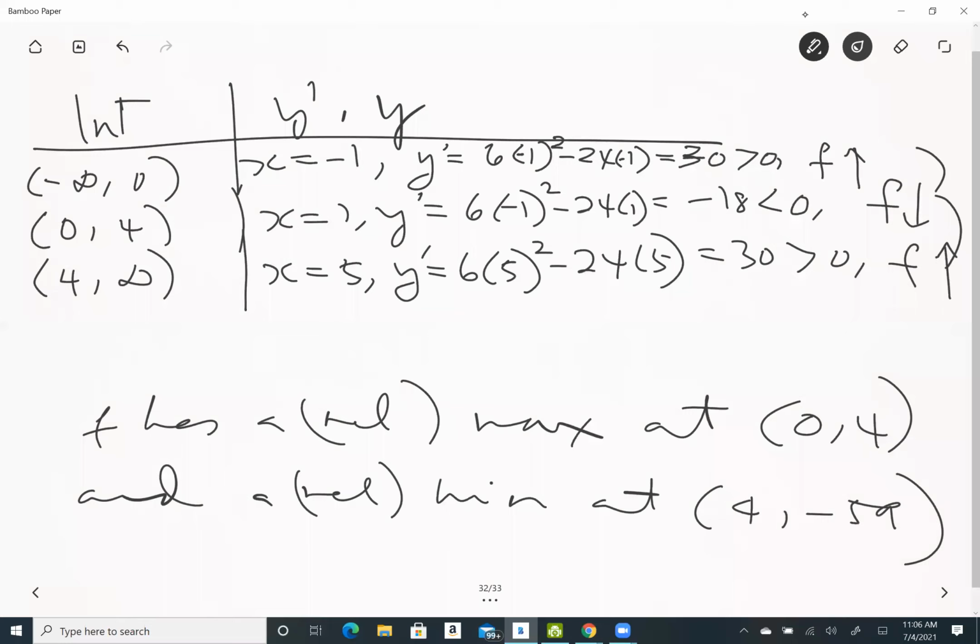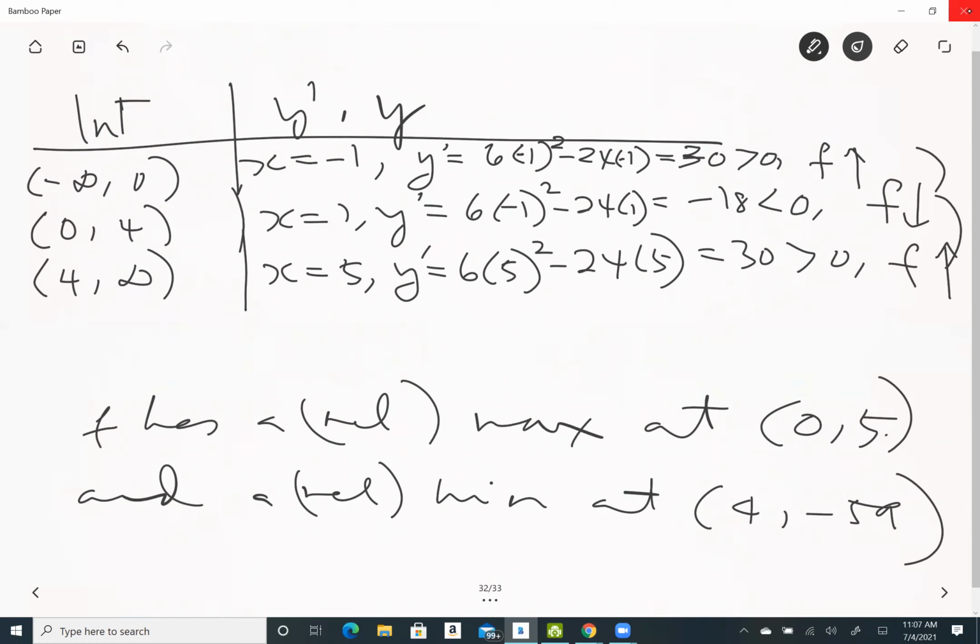That is the behavior of the f prime, and it should be at 0.5. So that is the relationship between y prime and y, and we call that the first derivative test.